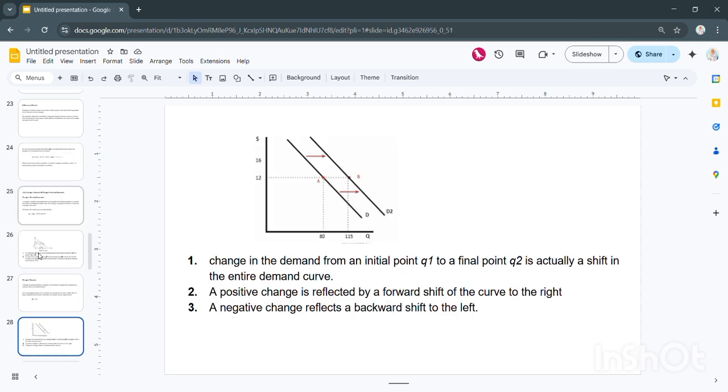So, in this graph, we can say change in the demand from an initial point Q1 to a final point Q2 is actually a shift in the entire demand curve. A positive change is reflected by a forward shift of the curve to the right. A negative change reflects a backward shift to the left. In our graph, it is a positive change of demand.